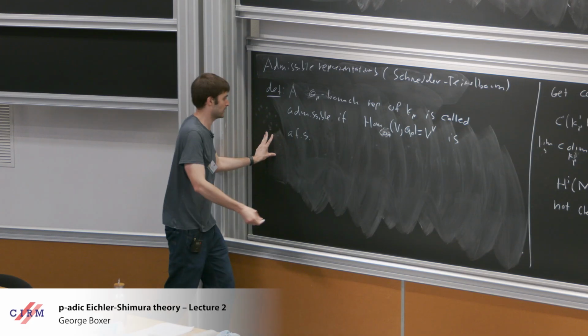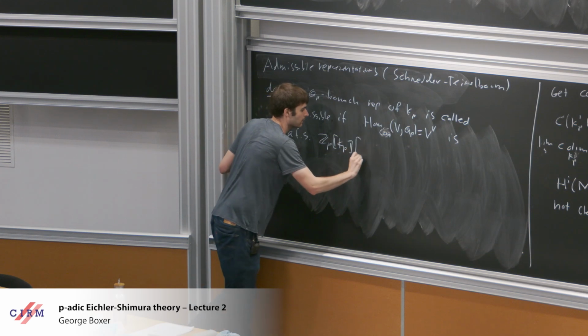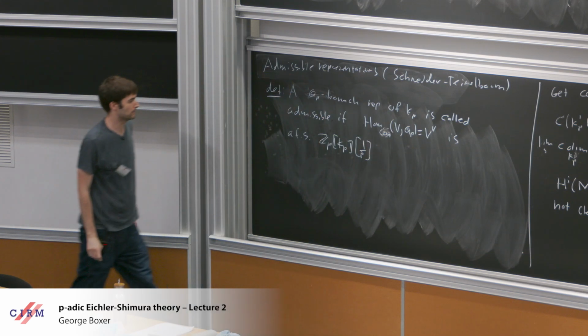Now we're working with p inverted, so I should say a finitely generated module over the completed group ring with p inverted.